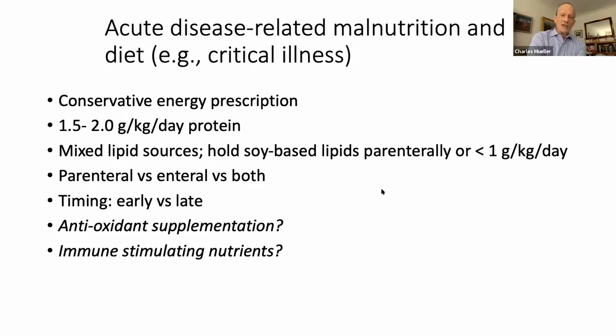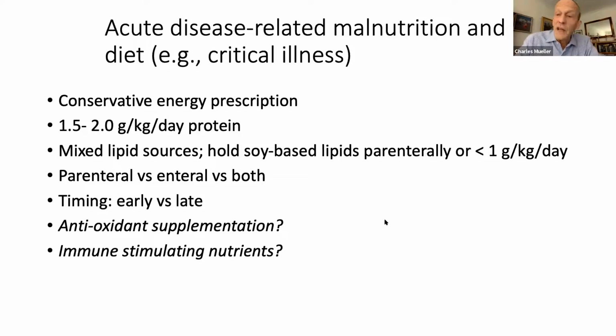There's a large literature in the last couple of years on the inhibition of autophagy, which is why it seems that people who receive very conservative amounts of calories, who are critically ill, do better than those who are fed, say, adequacy, 30 calories. So maybe we should be giving them 20 calories instead of 30 calories per kilogram.